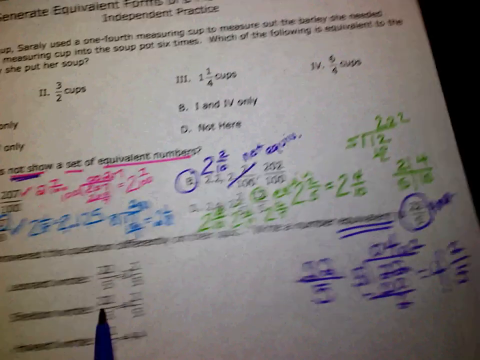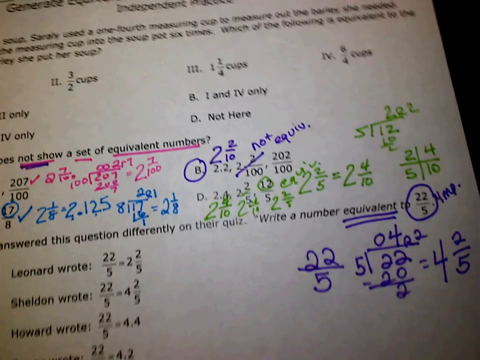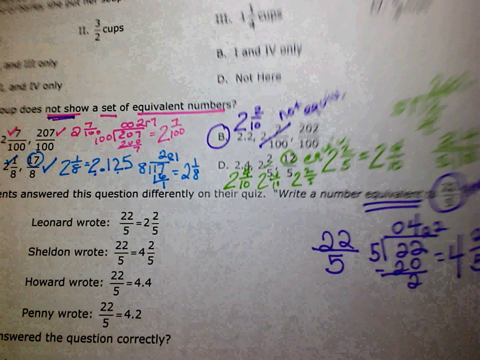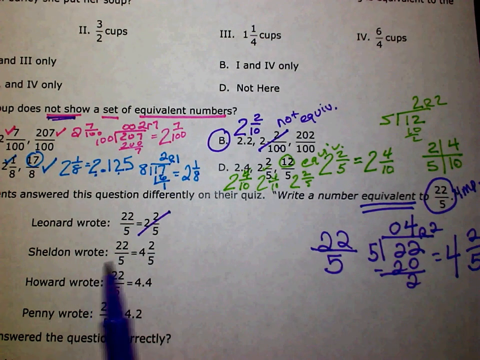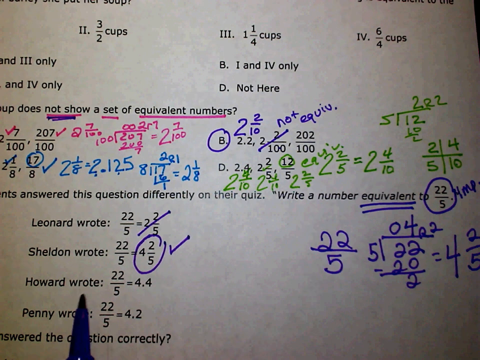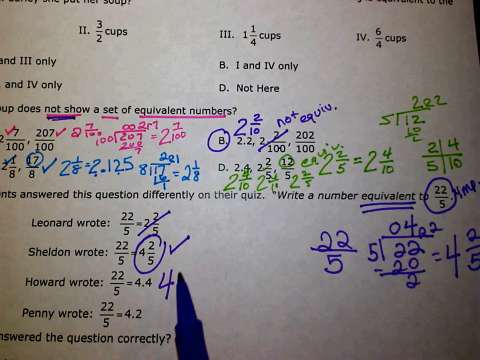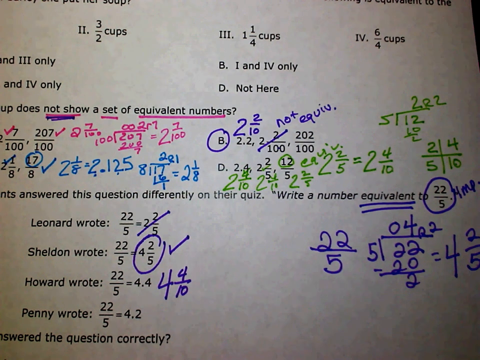Well, Leonard wrote that it was 2 and 2/5. Well, those are not the same thing because our whole numbers are different, so that one's not going to work. The next one is Sheldon, 4 and 2/5. Well, that one works. That one matches. Howard wrote 4 and 4/10. Okay, well, let's write that as the fraction, 4 and 4/10. Well, those aren't the same, but our denominators are not the same, so I can't compare these two fractions as they are.